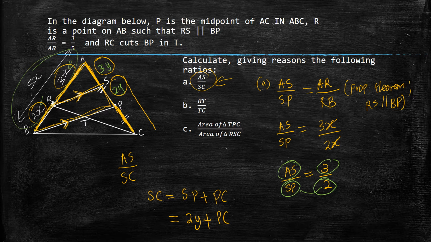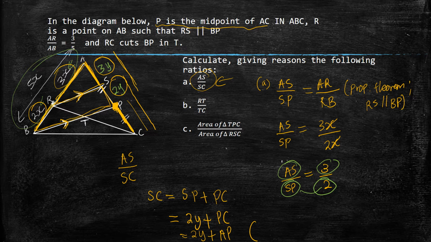PC, don't forget, we were given in the statement that P is the midpoint of AC. It means that P cuts AC in half, right? So it means that PC is equal to AP. So where there is PC, I can substitute AP, because they're equal.